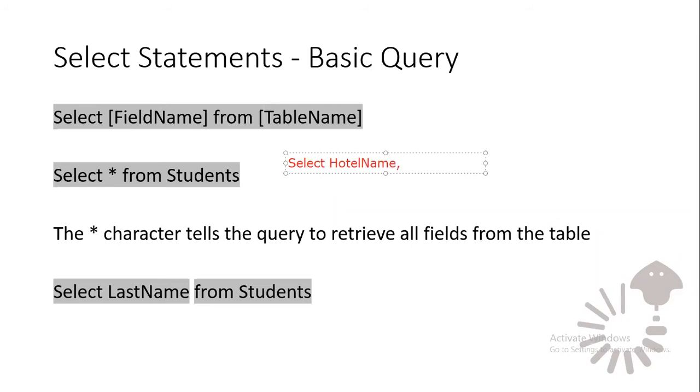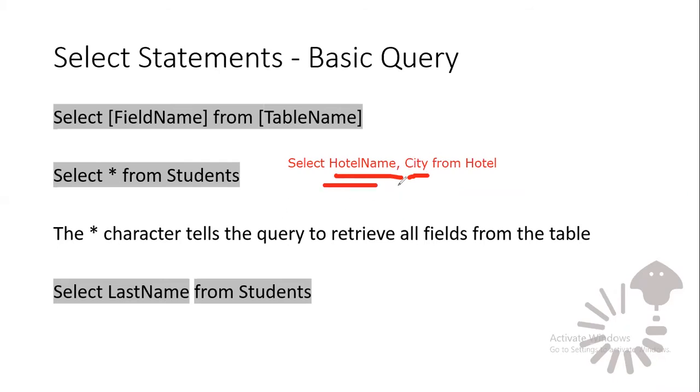If you have, kung mag-enlist ka ng multiple fields, multiple data, you use comma for your separator and then follow the next field name and then the from clause. Followed by the table name. So, ibig sabihin nito, pipiliin ko yung hotel, katabi niya yung corresponding city kung saan siya nakalahit. So, lahat yon yun yung i-fetch ng data.